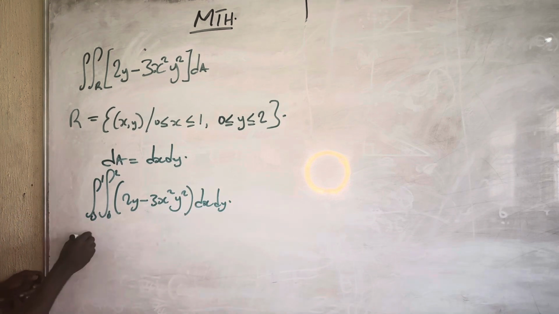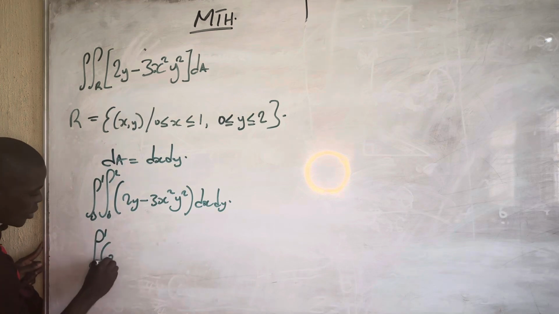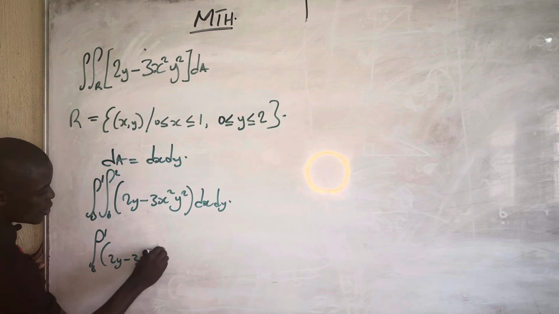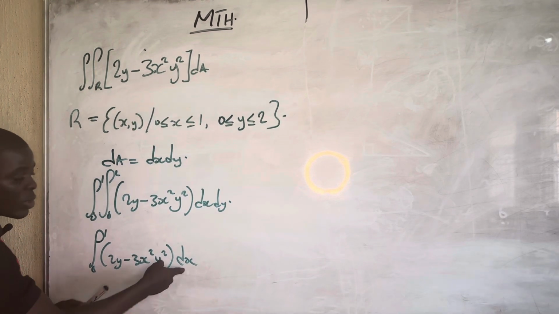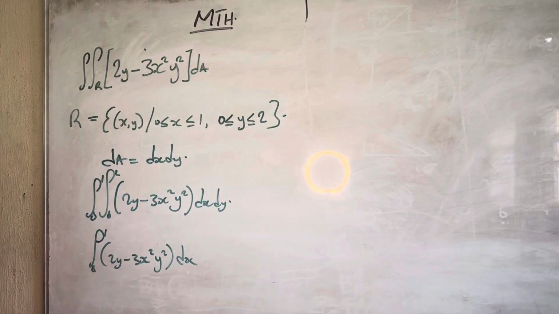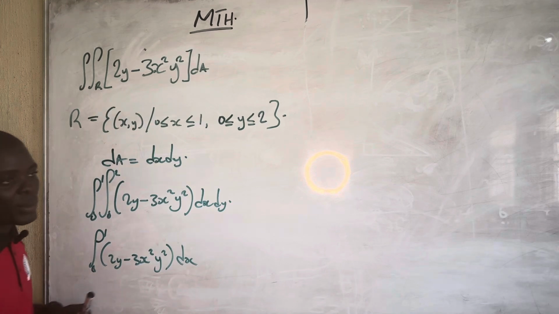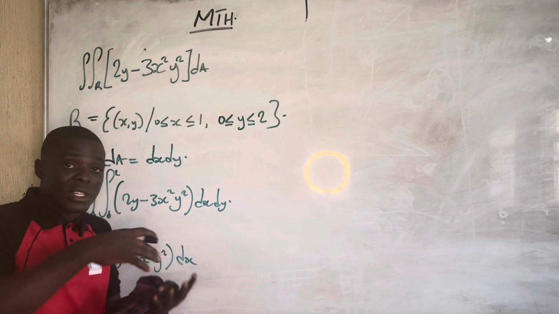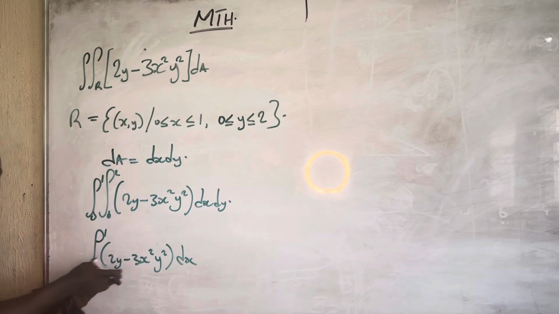If I'm integrating with respect to x, I will take this integral from 0 to 1 of 2y minus 3x squared y squared dx. I'm integrating with respect to x, that's why I leave dx and then leave the dy. If I'm integrating a constant, it simply means the variable I'm integrating with respect to is not there, so I will regard y as a constant.